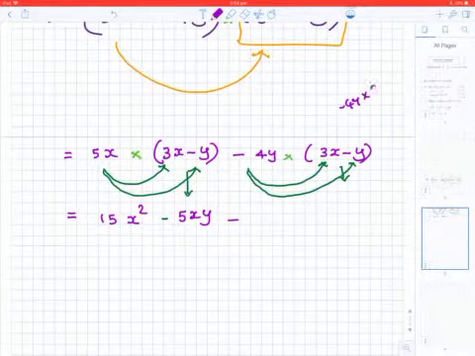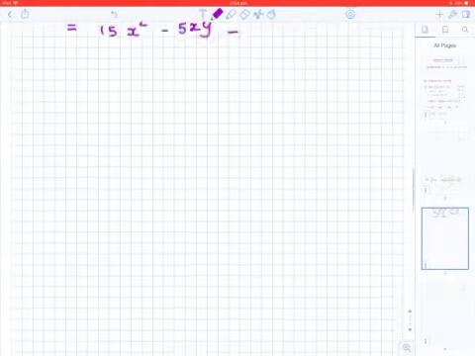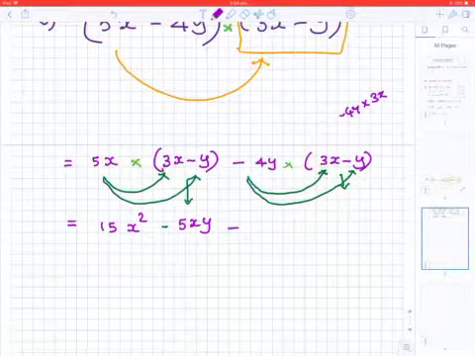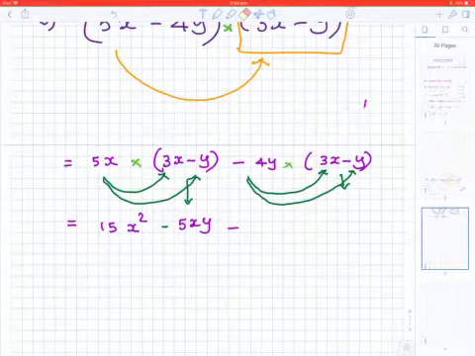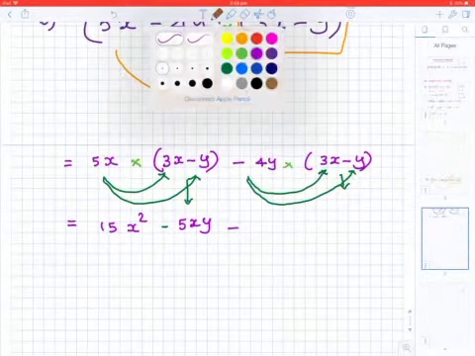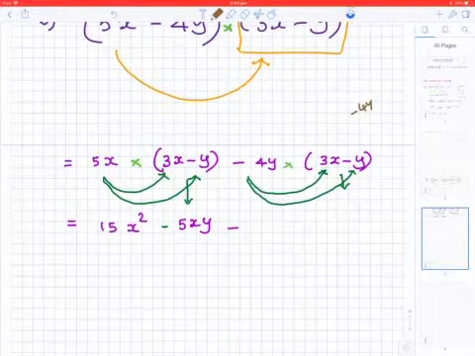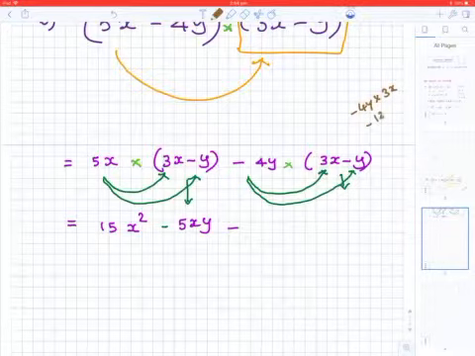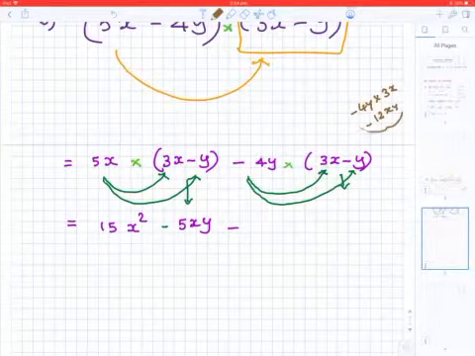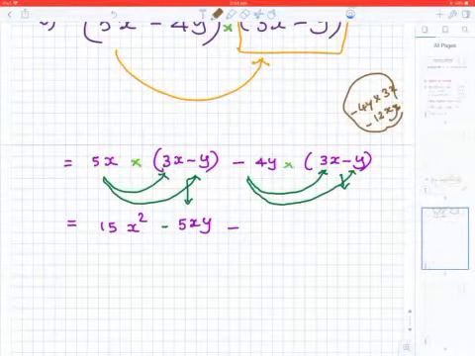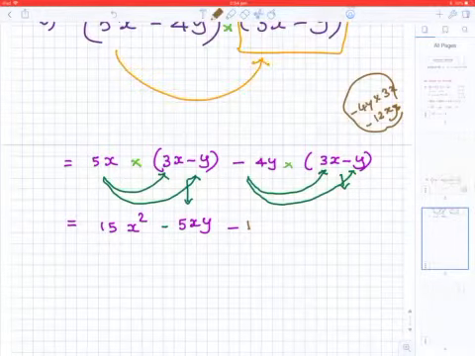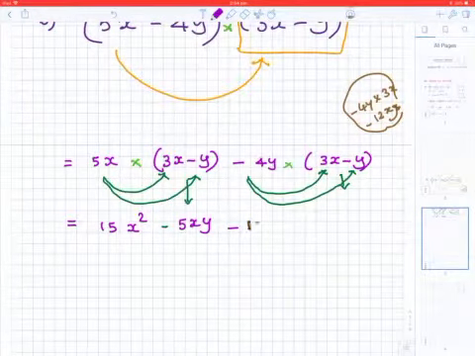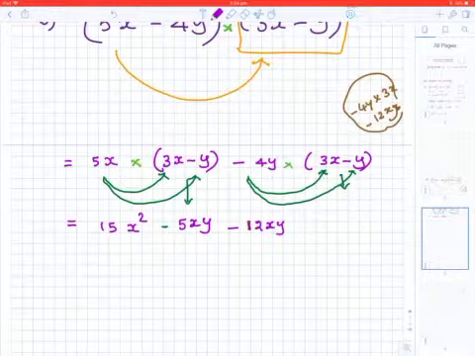If I do that, the first, minus 4y times 3x, becomes minus 4 times 3, 12, y times x is xy.